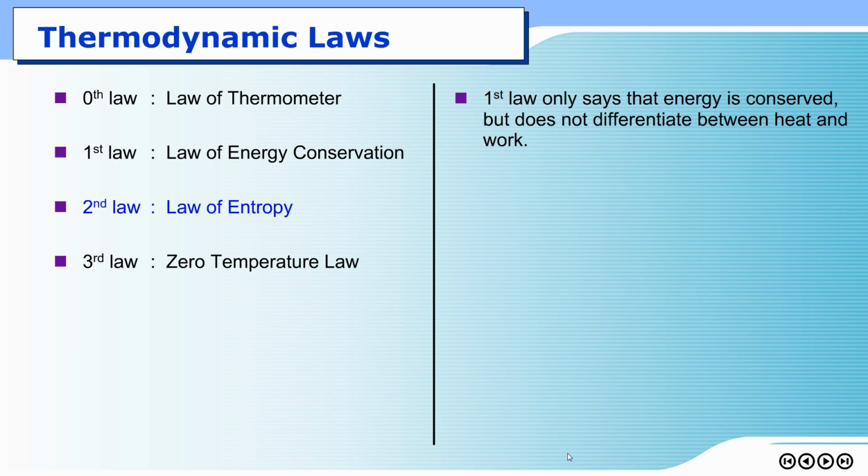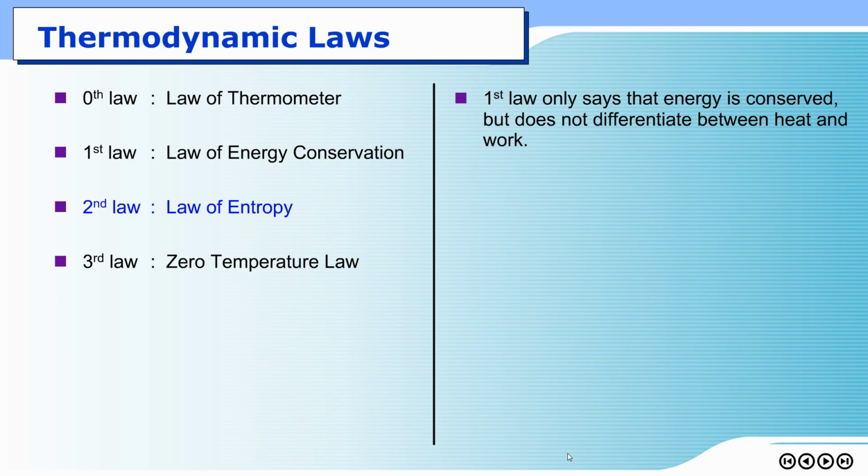First, the first law discusses the transfer of energy in and out of the system and the conservation of energy. We learned that energy can be transferred through the system boundaries in two forms, heat and work. But the first law does not tell you whether heat and work are different.